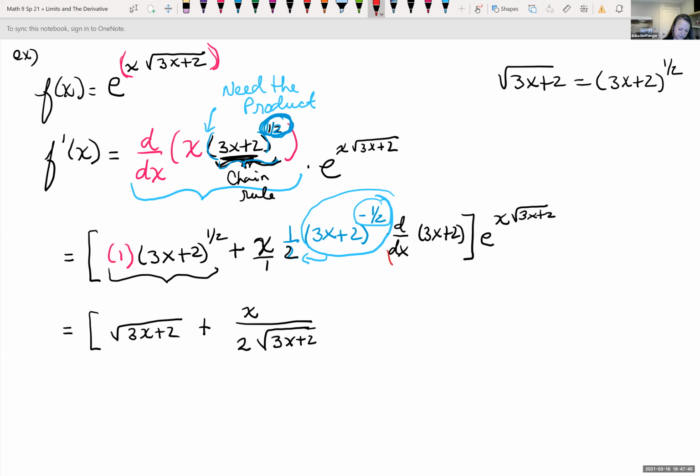Times, let's take the derivative of 3x plus 2. The derivative of 3x is just 3, and the derivative of 2 is 0. So it would be times 3. I'm going to put the 3 in front. That was the derivative of the exponent, all times the original e, so e raised to the x times square root of 3x plus 2 power.